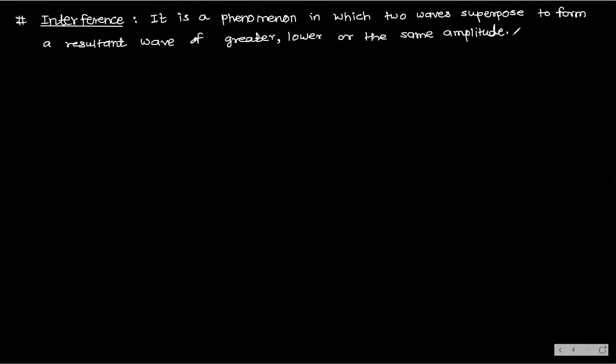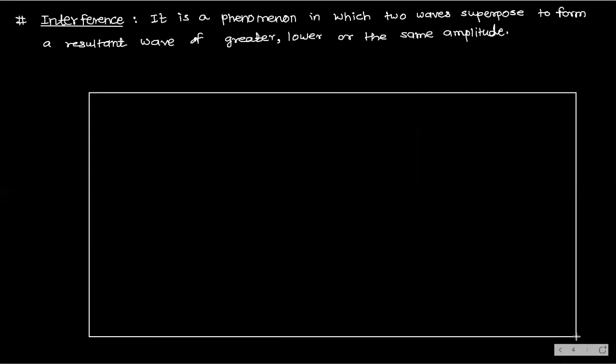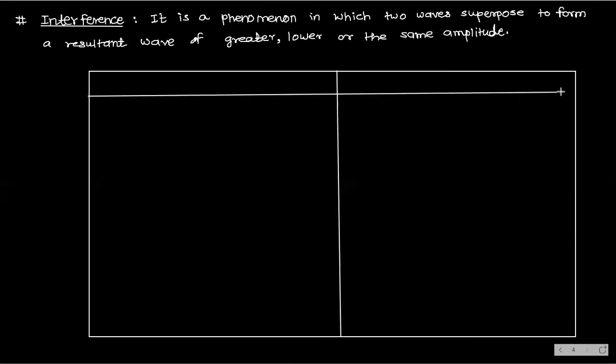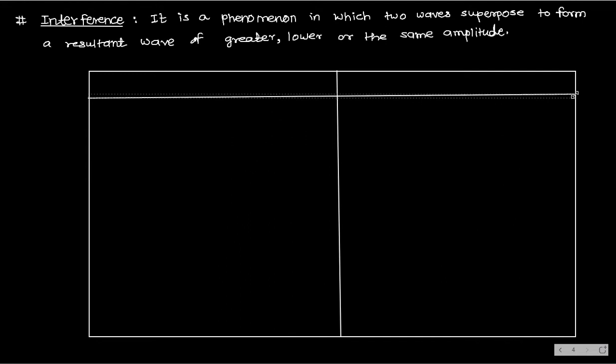Good. Now I'm giving you one table for constructive interference and destructive interference. You see here, what is constructive interference and destructive interference. You will understand very clearly.